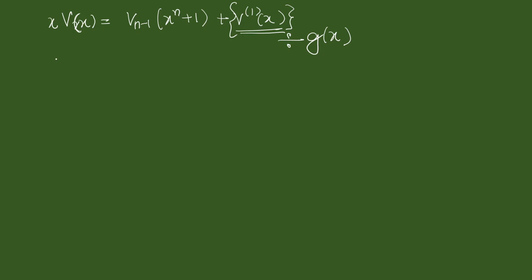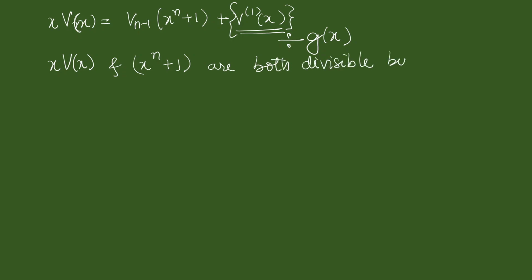So therefore x into v of x, and we already know g of x is a factor of x raised to n plus 1. So x into v of x and x raised to n plus 1 are both divisible by g of x.